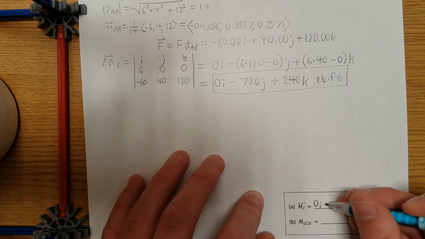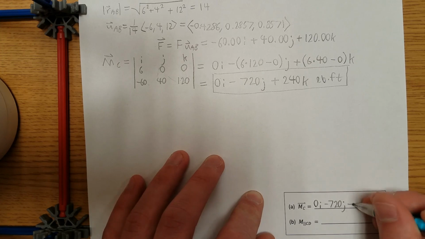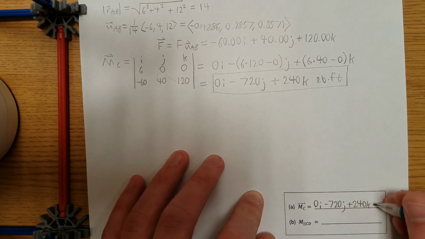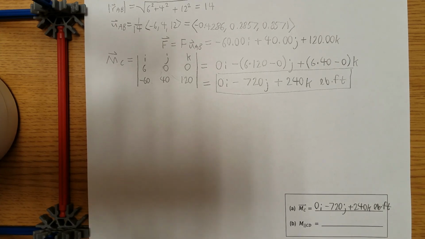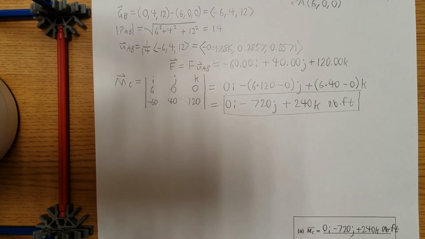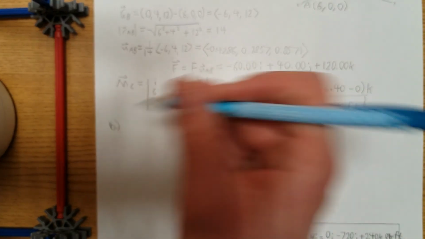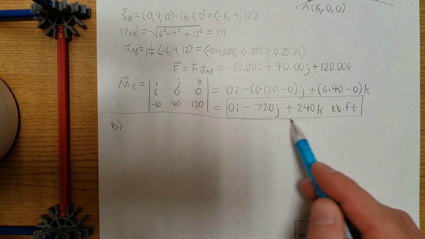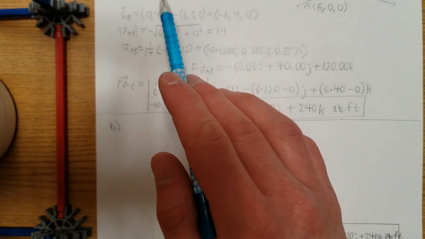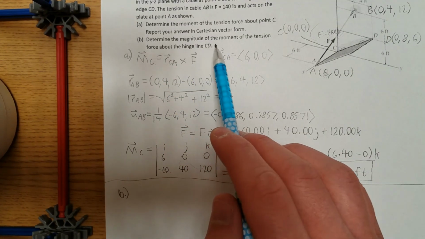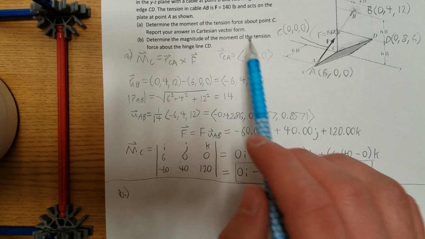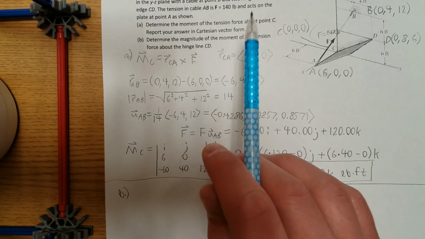So you've got 0I minus 720J plus 240K pound feet. Okay, hopefully that's easy enough. And now point B. Let me draw a line so we can separate these off. Point B says, determine the magnitude of the moment of the tension force about the hinge line CD.